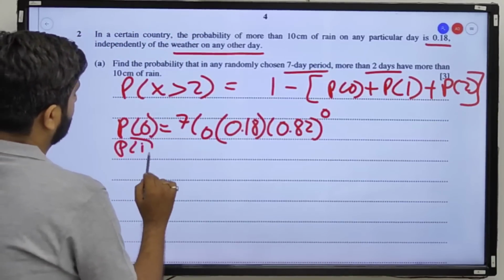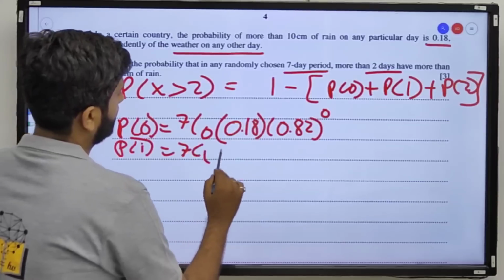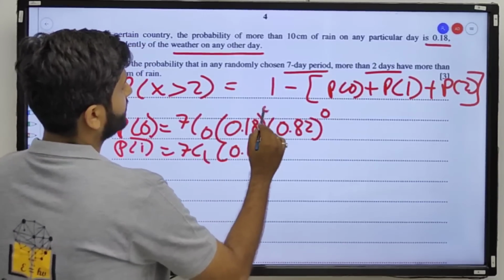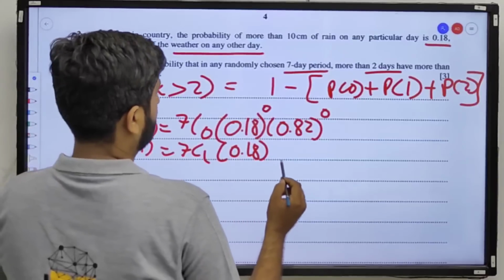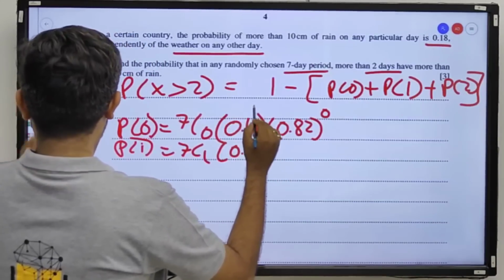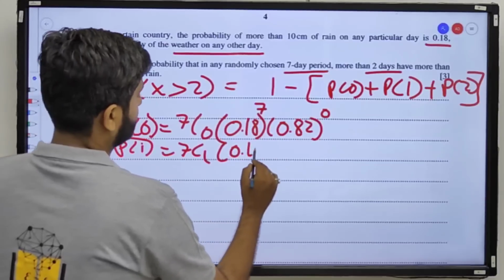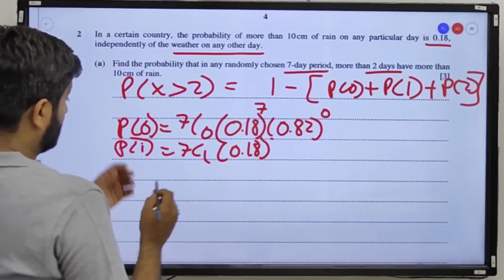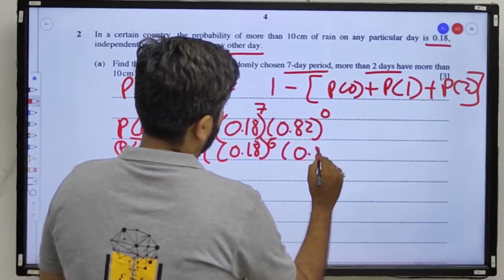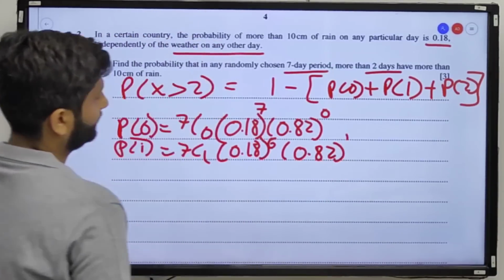Probability of 1 is going to be 7C1, 0.18, sorry, this is power 0. Sorry, my mistake. This is power 7 and this is power 0. So 0.18 power 1, 7C1, and 0.82 power 6.